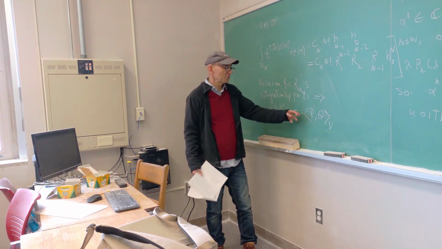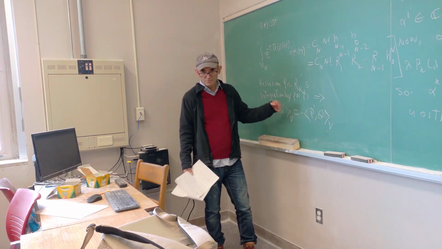Of course, if you want to make it self-adjoint, you have to multiply by i, but that's not what we do. This is skew adjoint.